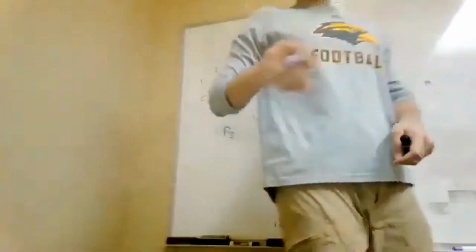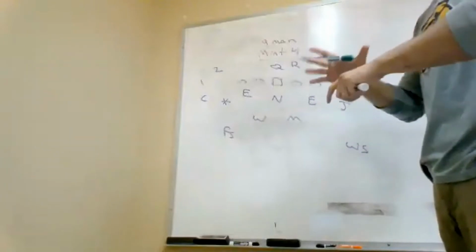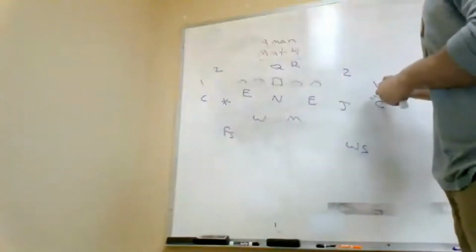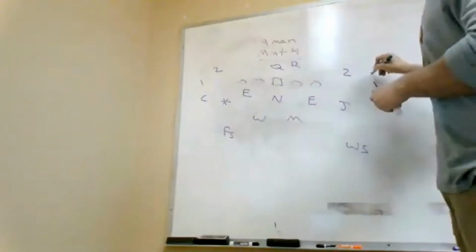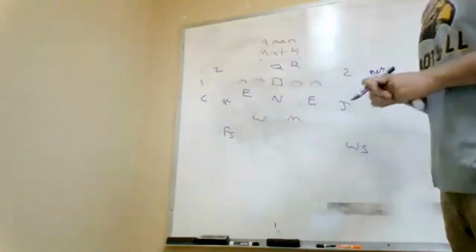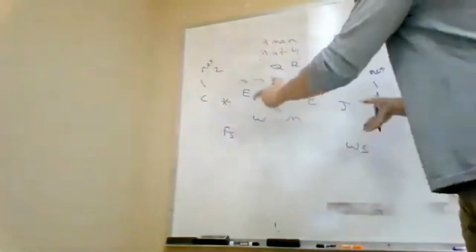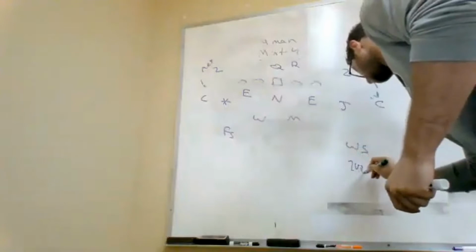So when we play mid-4 and we're playing 9-man spacing, we're playing the same coverage concept. How do we play mid-4? Our corners have all of 1 unless they're shallow, and you call mess. Some of this you guys already know. The safeties have 2 up and out.